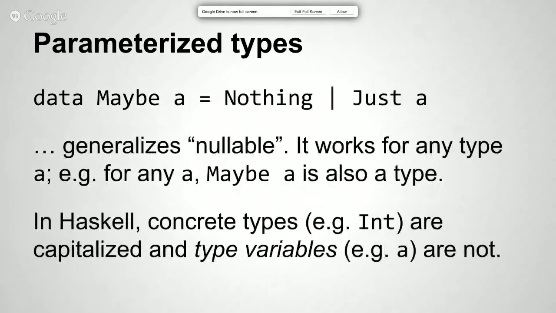But in Haskell, you can generalize. This is a parametric type, or parametric polymorphism, where Maybe A is defined as either Nothing or Just A. What that means is that for any type A, there's also a type called Maybe A. By convention, our concrete types are capitalized, like Int, Char and String, and type variables are not. So the A is a type variable.